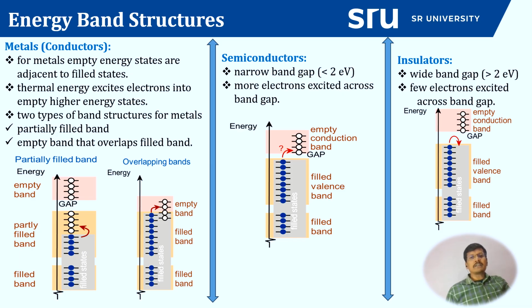So the electron transportation takes place easily, which results in good electrical conductivity. This explains why metals conduct electricity efficiently. Coming to the next part, semiconductors possess a small band gap. Usually it is less than 2 electron volts.